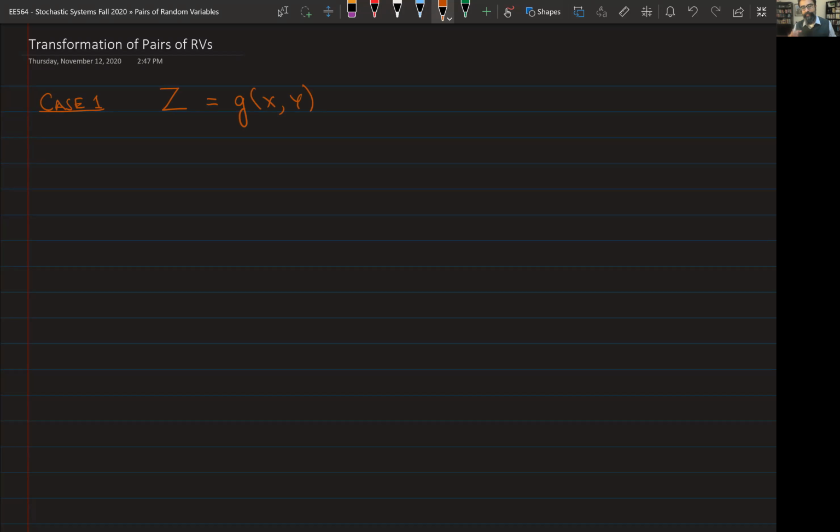Now the case is slightly more involved in the sense that there are two random variables which are input to a function and the output is one, right? There's only one output. And given the joint relationship between x and y, the joint PDF between x and y, we're required to find the PDF on z, right? That's what we're required to address.